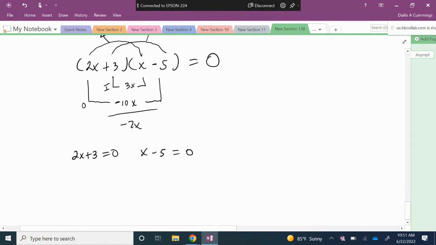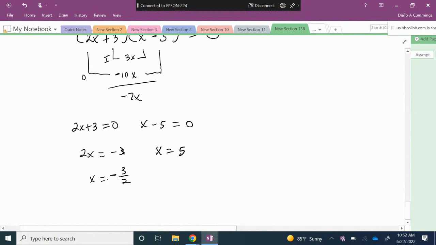In order to solve 2x plus 3 equal to 0, I'm going to subtract 3 from both sides and divide by 2. So I have x is equal to negative 3/2. In order to solve x minus 5 equal to 0, I'm going to add 5 to both sides. So we have x equal to 5.